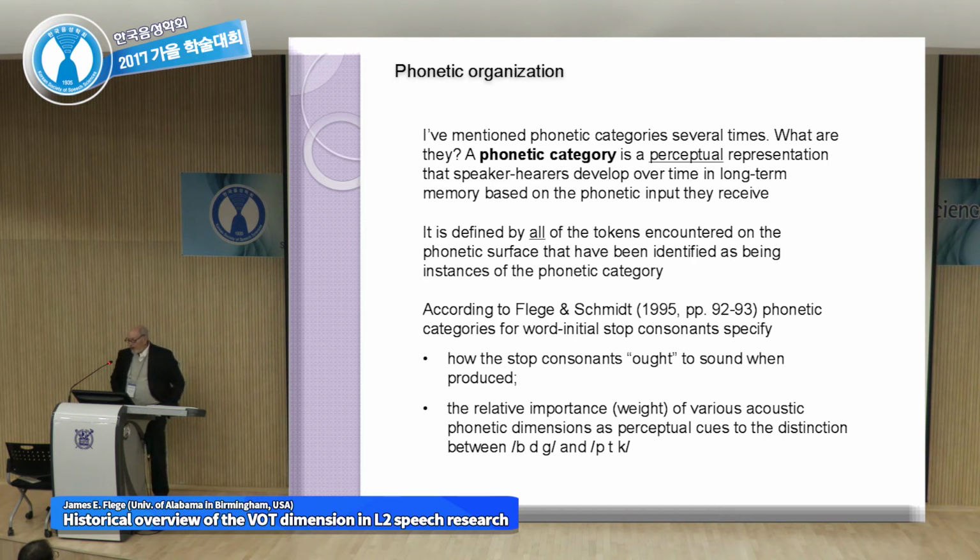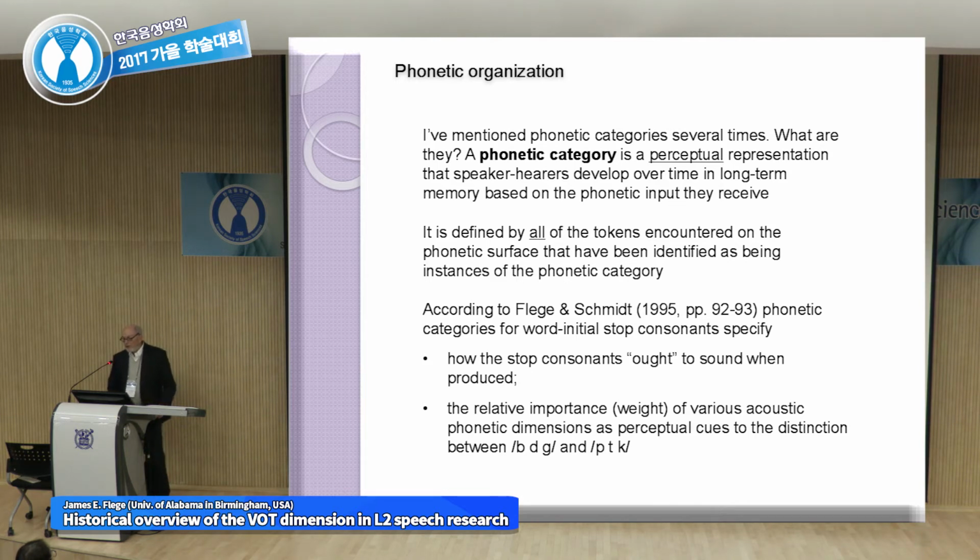According to a '95 paper, we specified phonetic categories for word initial stops in the following manner. That we stated that the representations specify how the stop consonants ought to sound when produced, as well as the relative importance, that is the weighting, of various acoustic phonetic dimensions as perceptual cues to the distinction between that category and others.